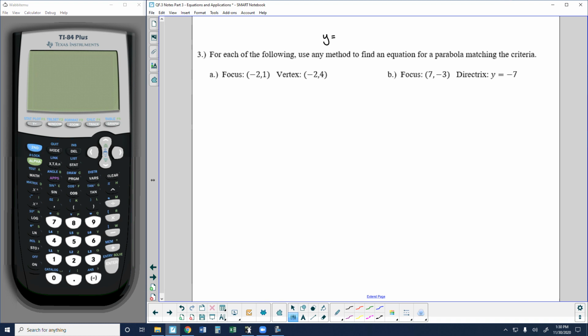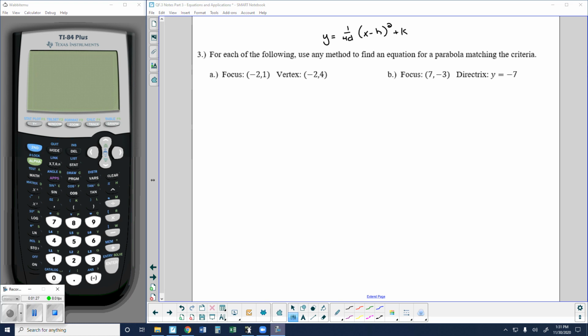So if we can remember, a vertical parabola has the equation y equals 1 over 4d times the quantity x minus h squared plus k. This will allow us to create an equation with a lot less work.